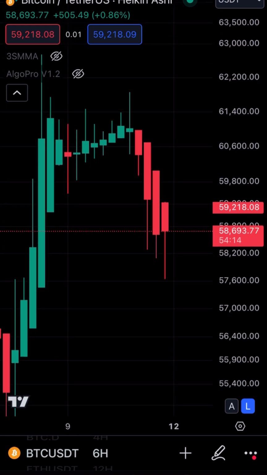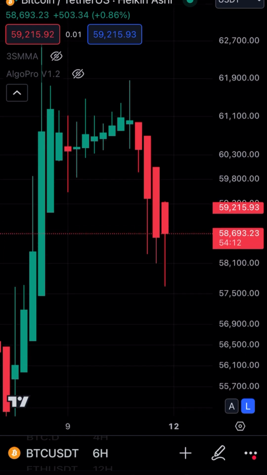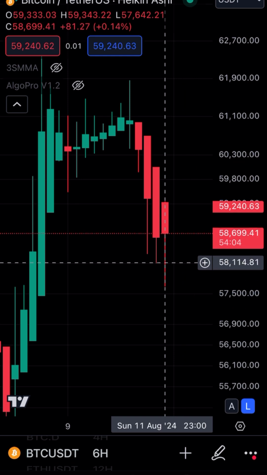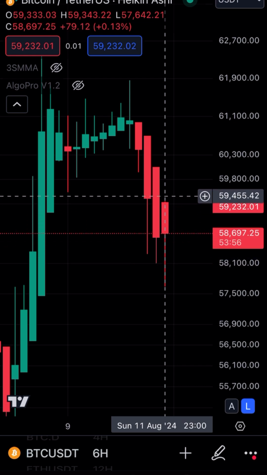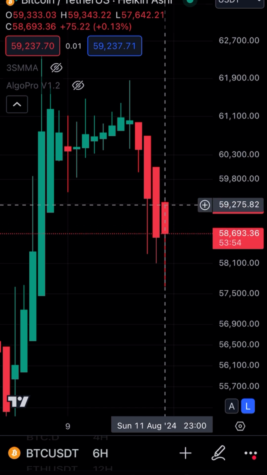If you saw my last video, I went over how to look at these wicks on these candles. Basically, the wick at the bottom represents the bulls. The wick at the top represents the bears.